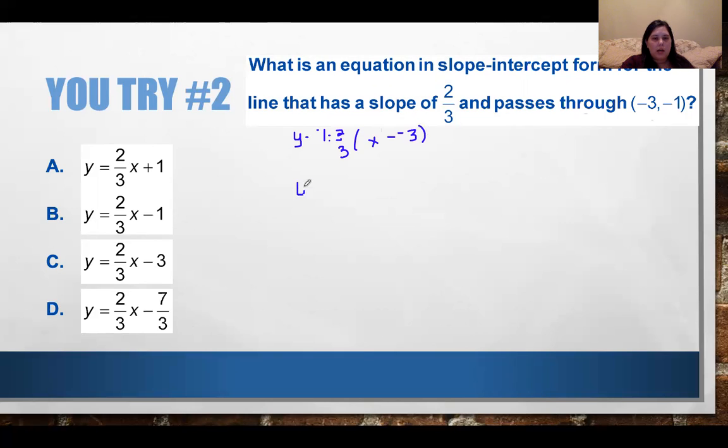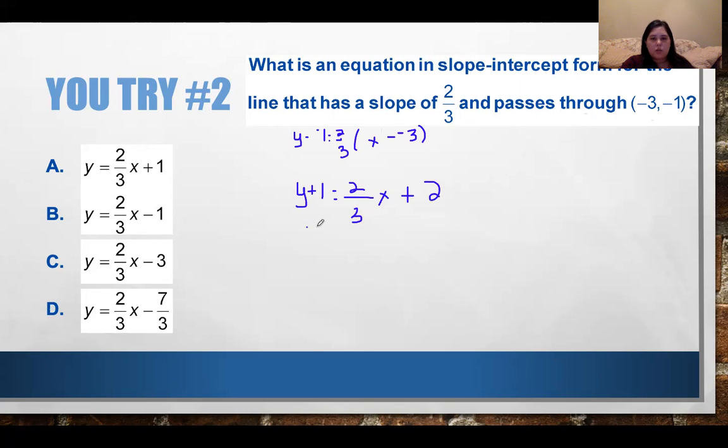And so we get y plus 1 equals, we distribute the 2/3 and get 2/3 x. And we're going to get negative times negative is a plus. And 3 times 2/3 is 2.